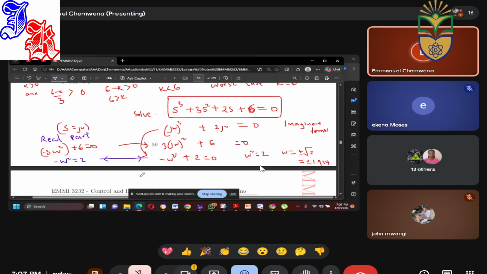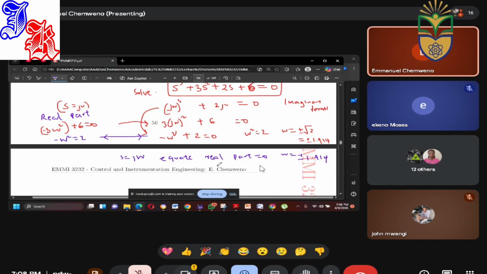So to solve this, I've just expressed s is equal to j omega, equated real parts, and you get omega plus or minus 1.414. Or imaginary parts, you get the same solution. Now you know that it crosses at 1.414, negative and positive.